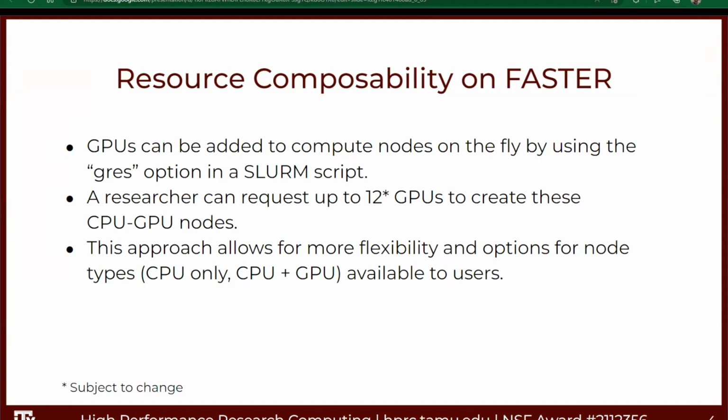If you register for that, you can know all about it. But you can specify the GRES option, where you can tell the number of GPUs that you would like to have for that job, and it will dynamically compose the server for you. And right now, you can request up to 12 GPUs to create the CPU and GPU nodes.